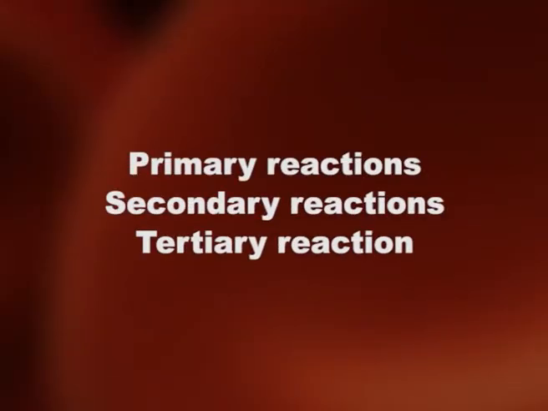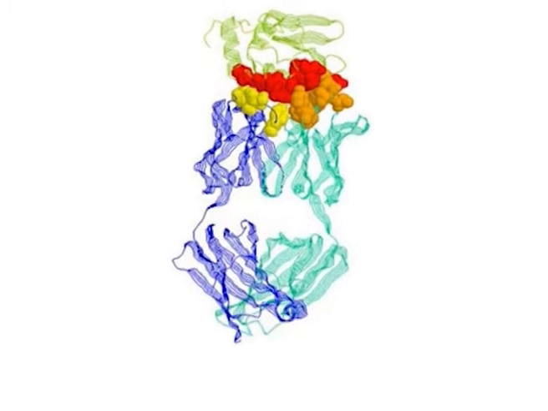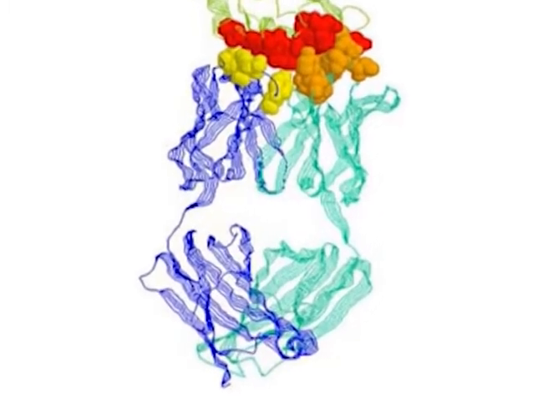The binding of an antigen to an antibody is an equilibrium reaction consisting of three types of reactions: primary, secondary and tertiary. The primary and secondary reactions form the basis for many forensic serological assays and will be discussed in the following subsections. The third type is called the tertiary reaction.